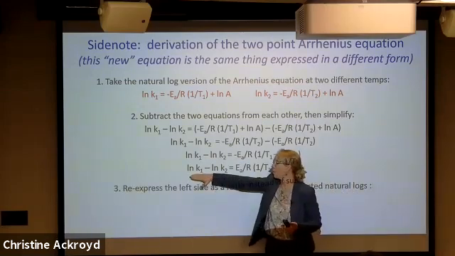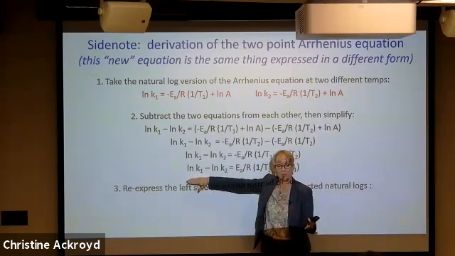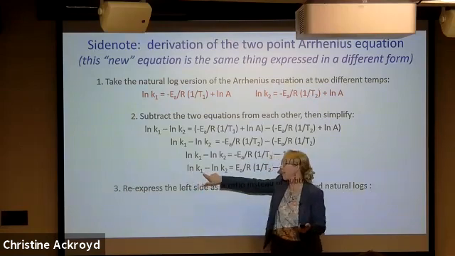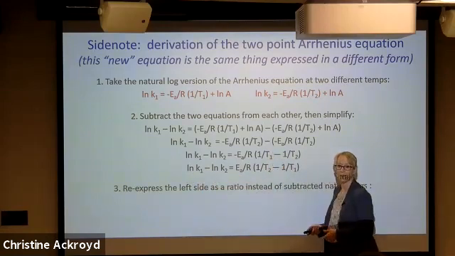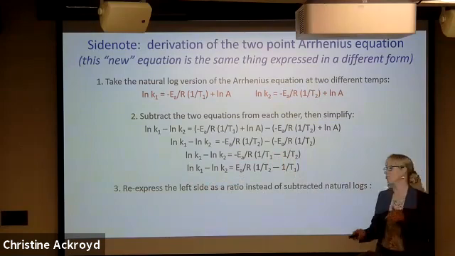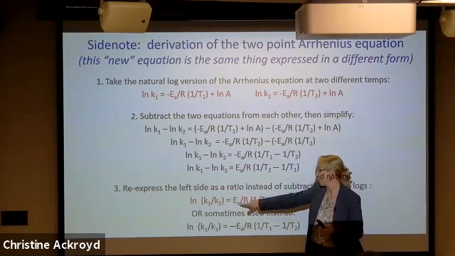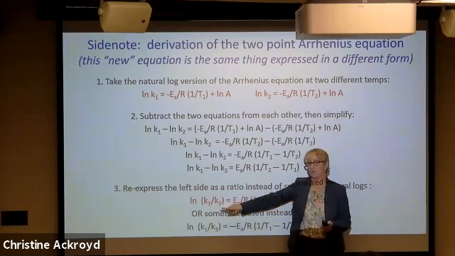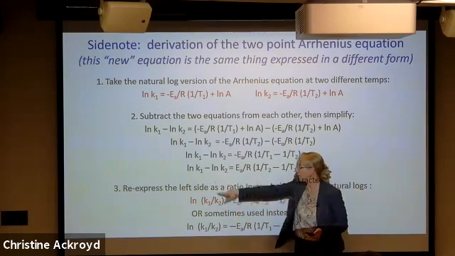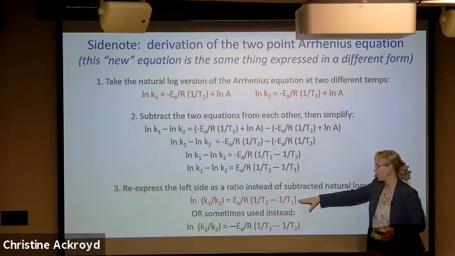Okay, now you may or may not remember about natural logs, that if you subtract the natural logs of two numbers, that's the same thing as taking the natural log of the ratio of those numbers. So we express this as a ratio of those numbers, and we have this equation.